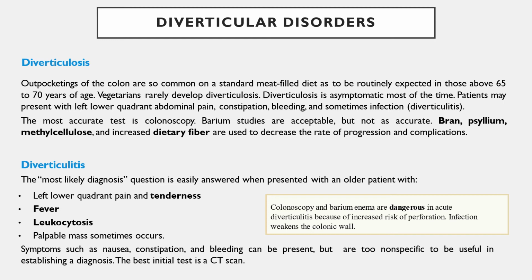For the first one, diverticulosis is when you have outpocketing of the colon. It's so common that it has to be routinely expected in those above 65 or 70 years of age on the standard meat-filled diet. Vegetarians rarely develop diverticulosis.